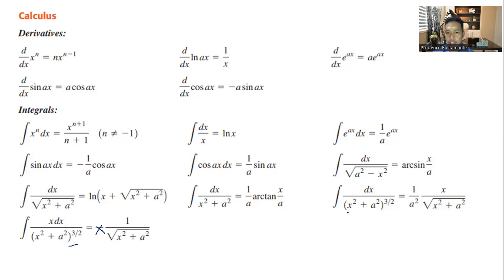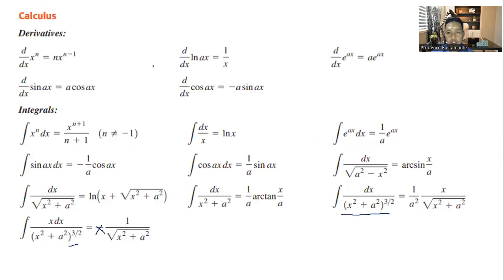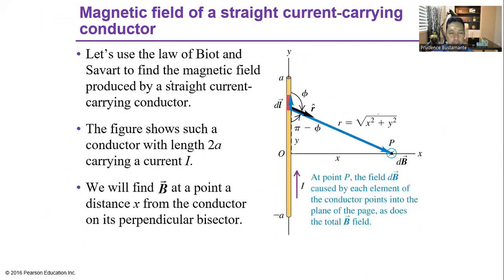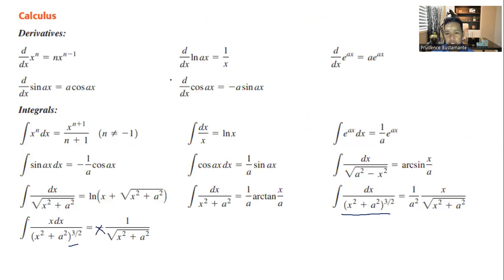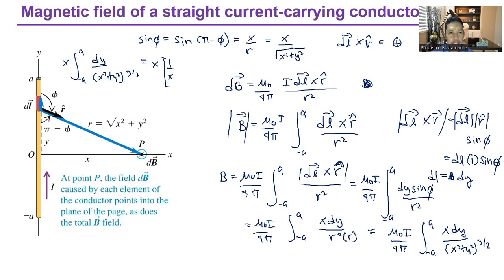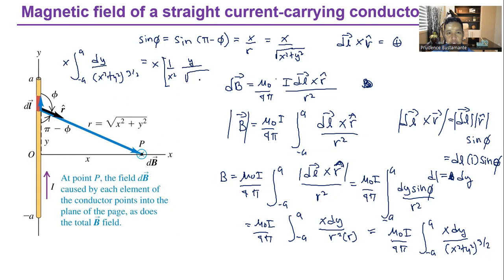So the integral from negative a to a of x dy over x squared plus y squared to the 3 halves is equal to x times 1 over x squared times y over the square root of x squared plus y squared, from negative a to a.